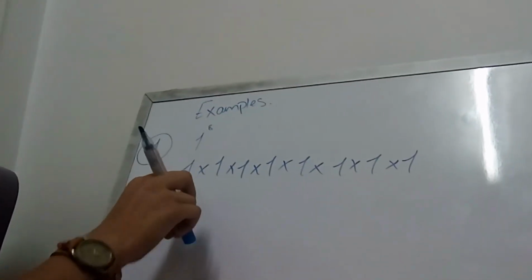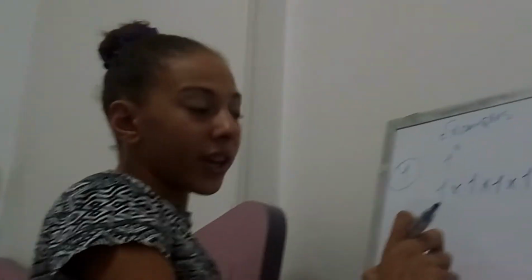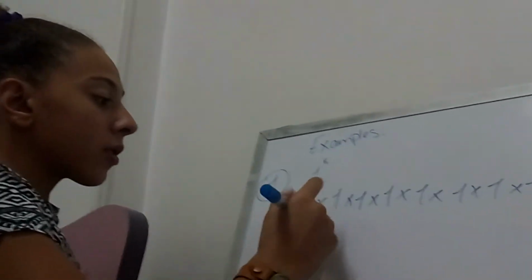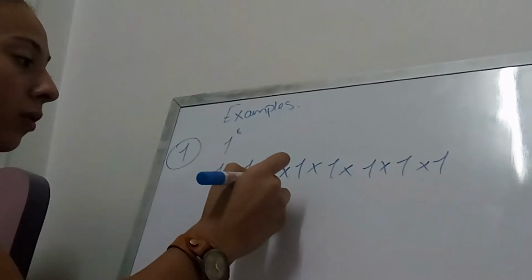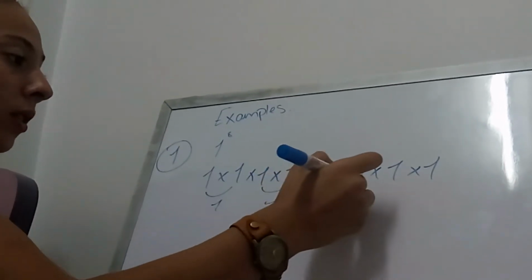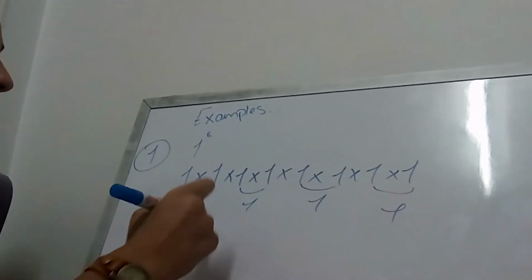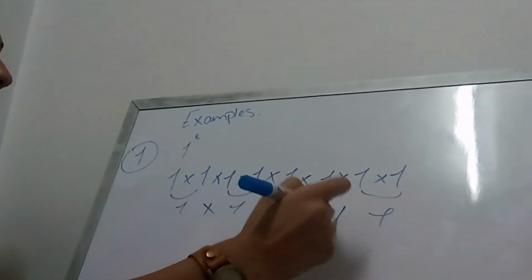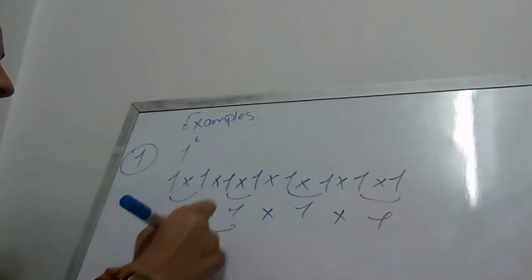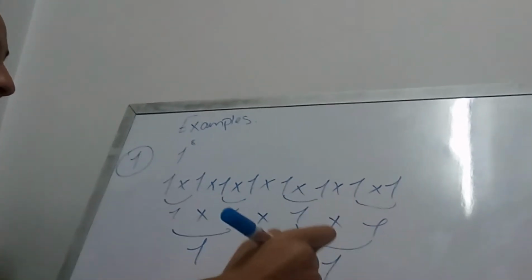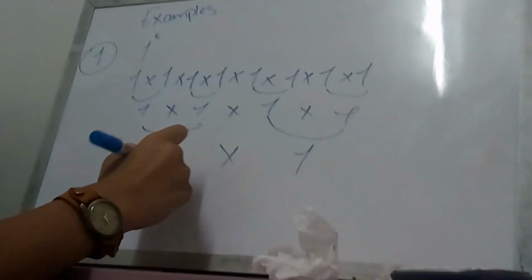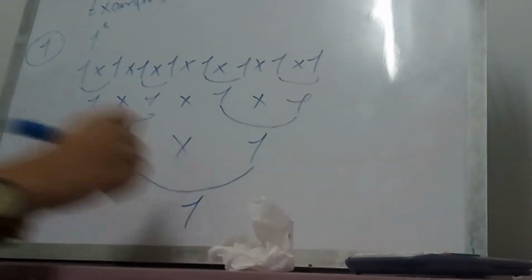This question might be a little tricky, because 1 times 1 is 1, and 1 times 1 is 1, and then you multiply these, 1 times 1 is 1.